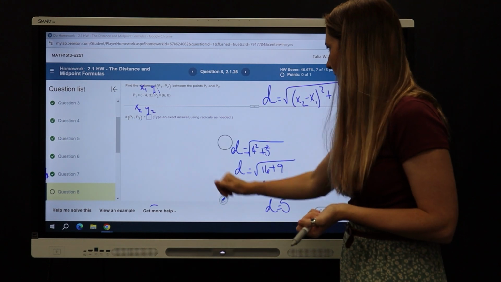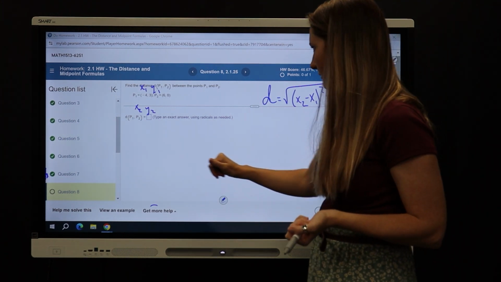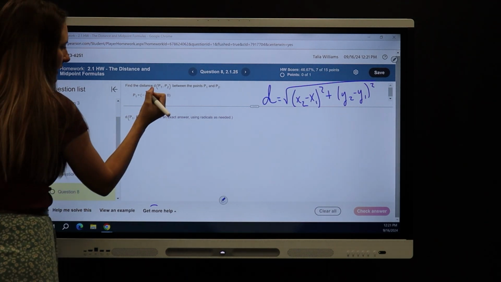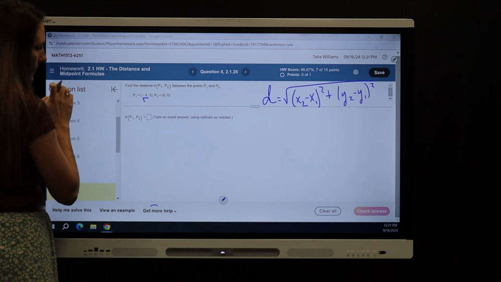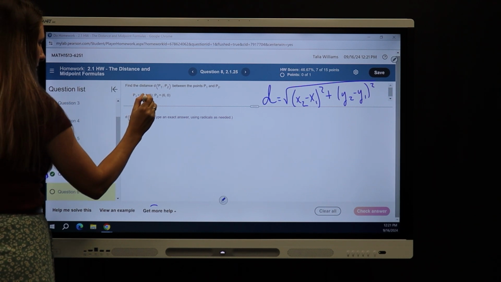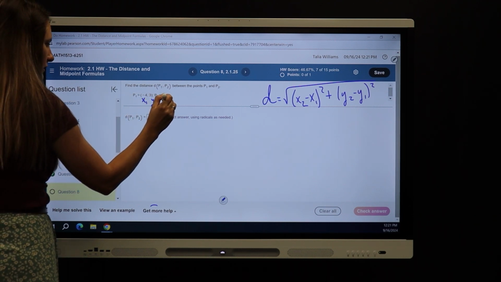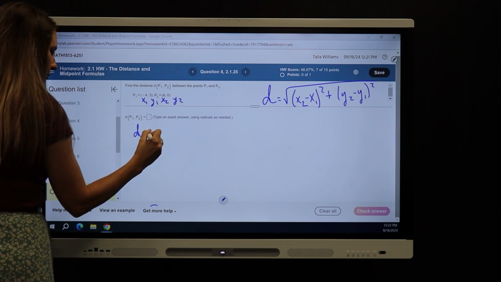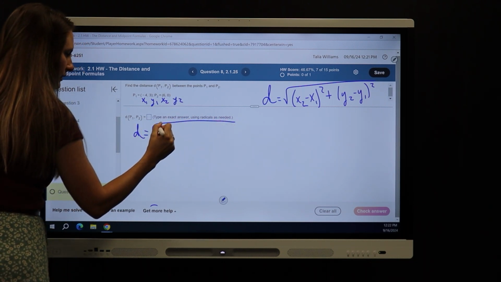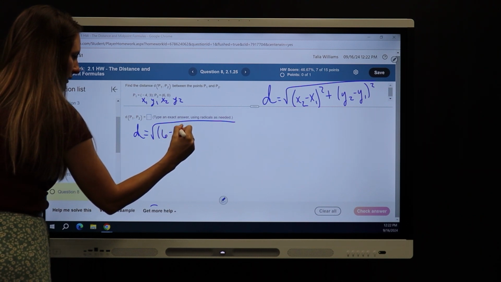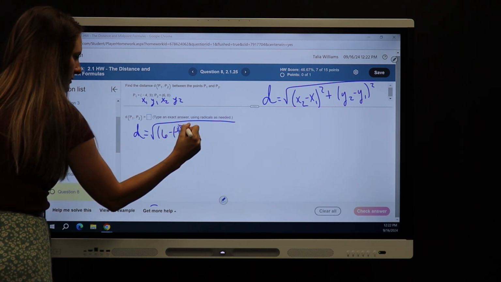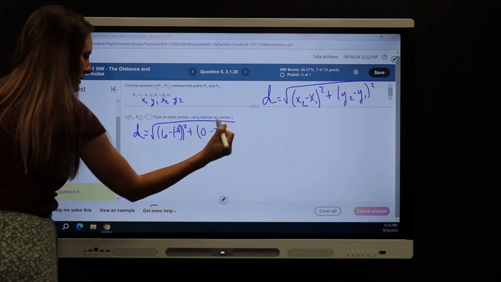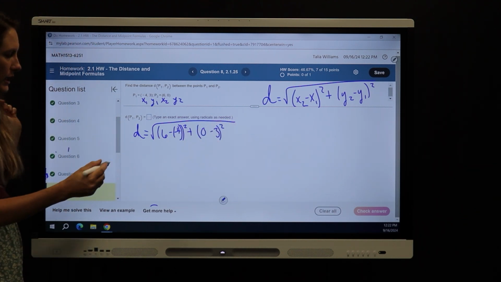Okay. So they wrote these sideways now, so we have x1, y1, x2, y2. Distance equals the square root of 6 subtract negative 4 squared plus 0 subtract 3 squared. 6 subtract a negative 4, you'd add it.